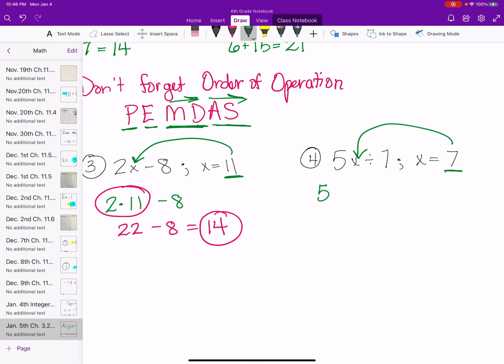So we get 5 times 7 divided by 7. Here's what we're doing: we're going left to right because all we have is multiplication and division. 5 times 7 is 35. 35 divided by 7 is 5. It's our final answer.